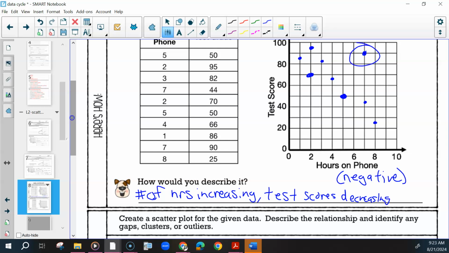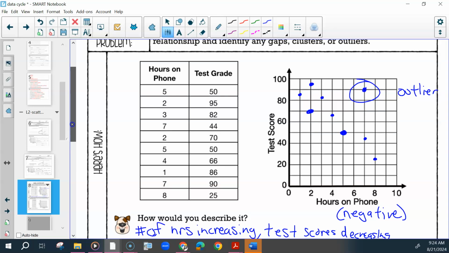But then we have this one out here that spent a good amount of time on the phone but still scored pretty high. That would be called an outlier. That's something that is not normal for the data. So if you see something like that, the word for that is outlier.